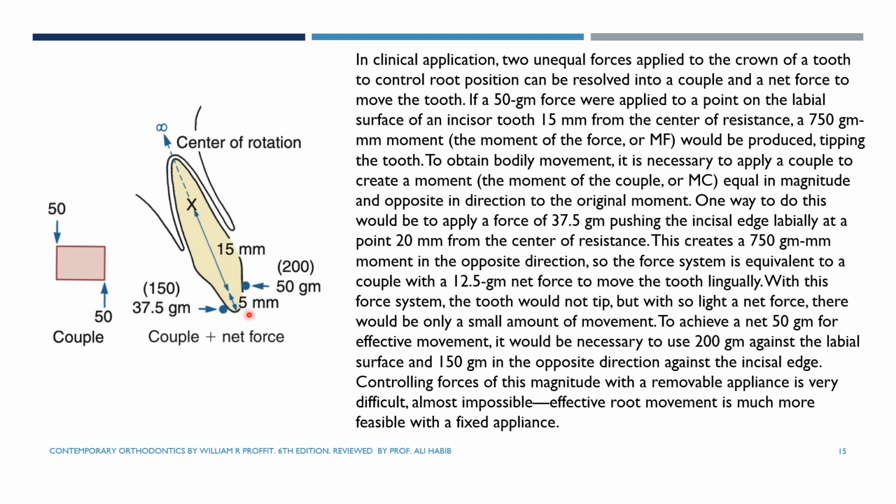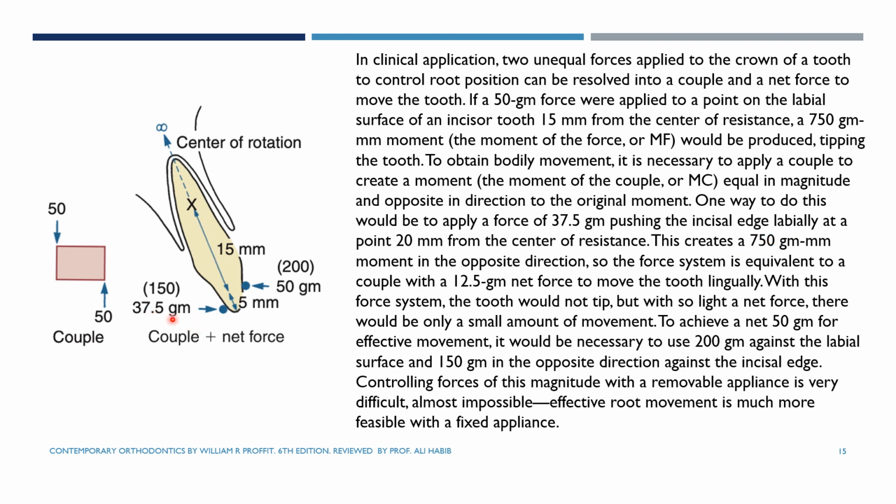So this force will create a moment, as the force's application point is 20 millimeters away from the center of resistance. When you measure the moment created by this 37.5 gram in the labial direction, it will again be equal to 750 gram millimeters.